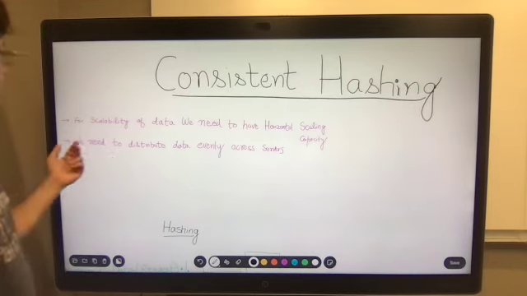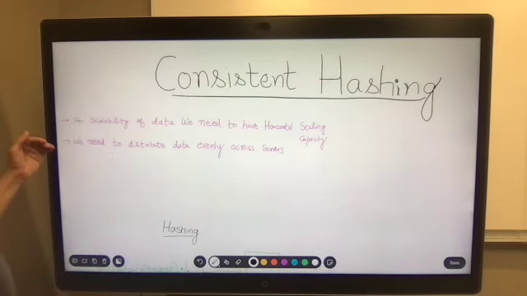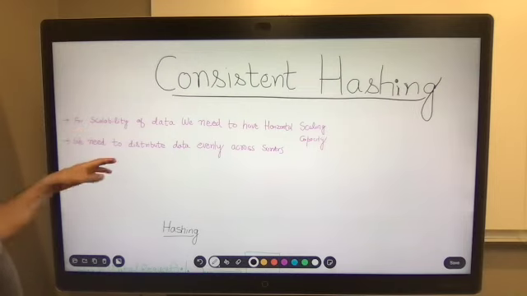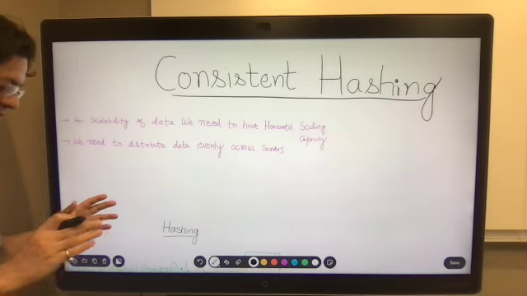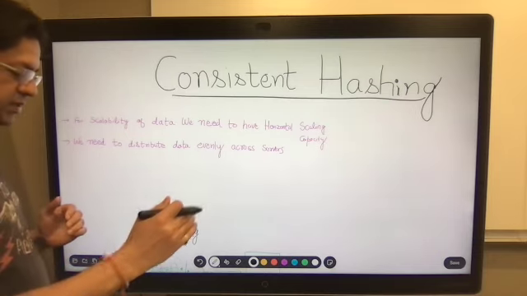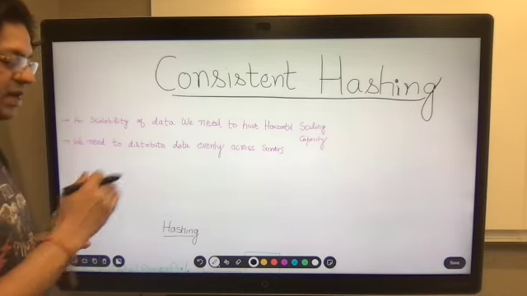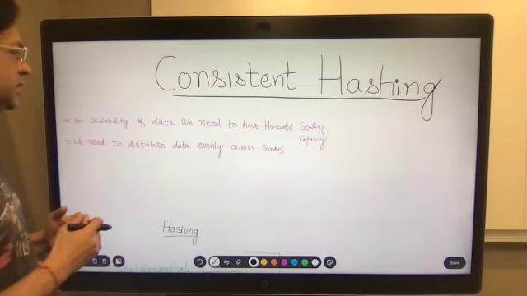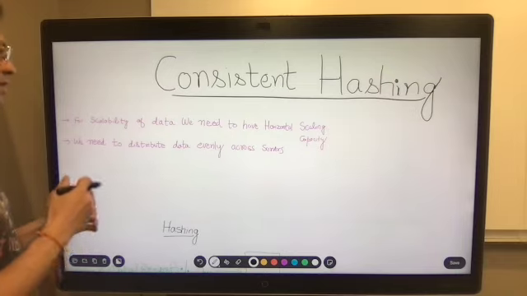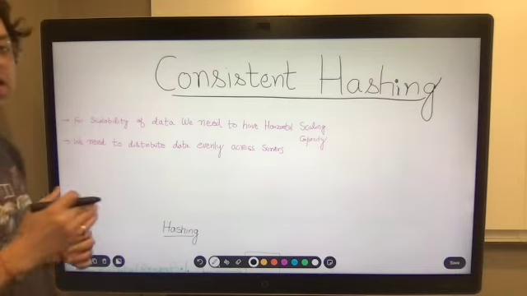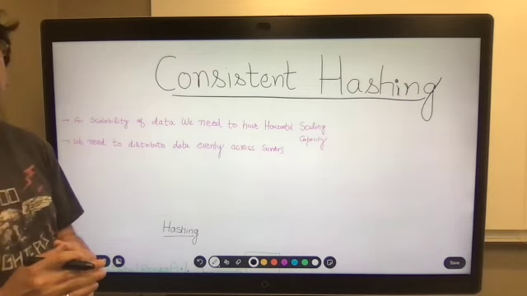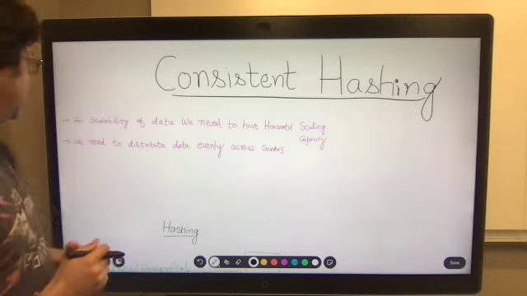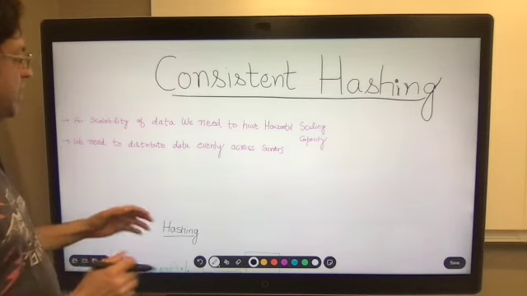In general, when we talk about scalability of data, we need to have horizontal scaling capacity. It means we should be able to add servers as per our scaling needs, whether it's for storage or for other needs. So we should have the ability to augment our cluster with additional hosts, and we need to distribute data evenly across servers.